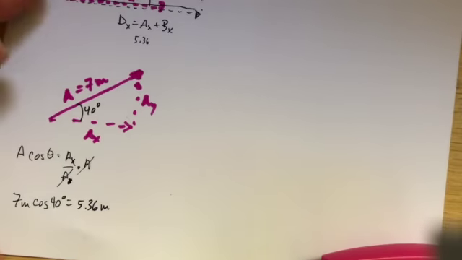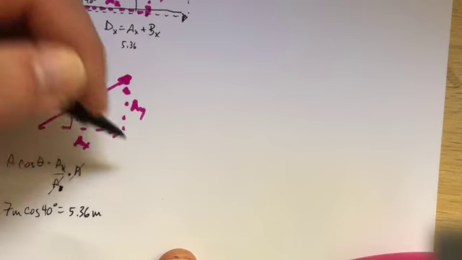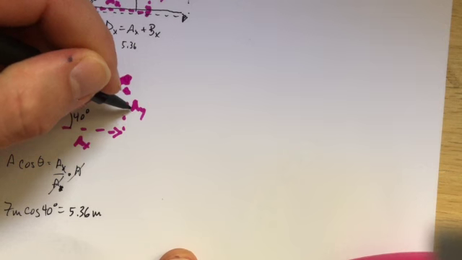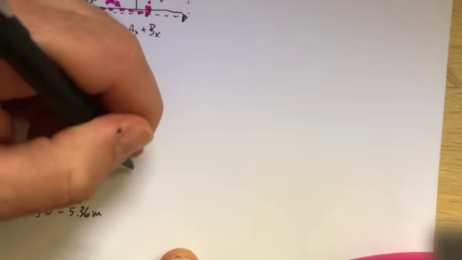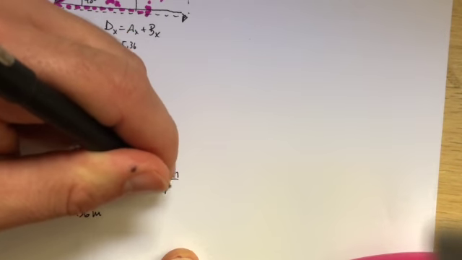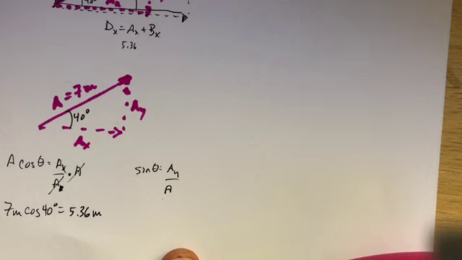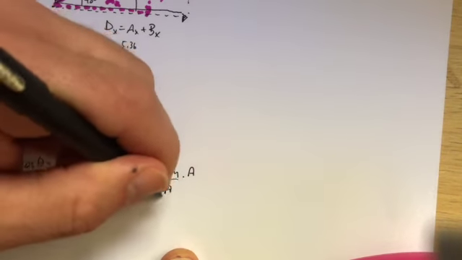All right, now let me do AY. AY is the opposite side of 40, so that's sine. So I say the sine of theta equals AY over A. All right, that A is the hypotenuse. So again, we want to get rid of A and get AY by itself.